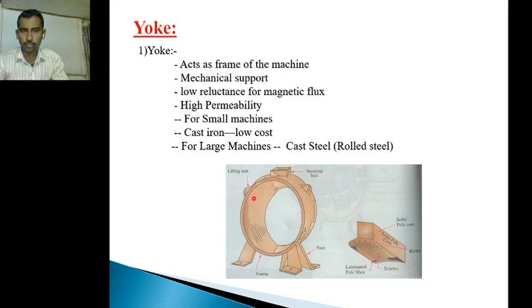This yoke provides the frame for the DC machine and provides mechanical support for the field poles, pole shoes and field winding, and for the total DC generator. For standing the generator also the yoke is used, and it provides a low reluctance path. For small machines it is made of cast iron, which is low cost, and for large machines it is made of cast steel.